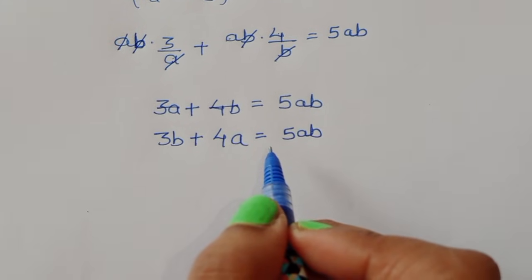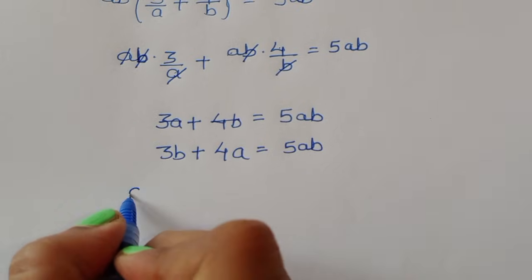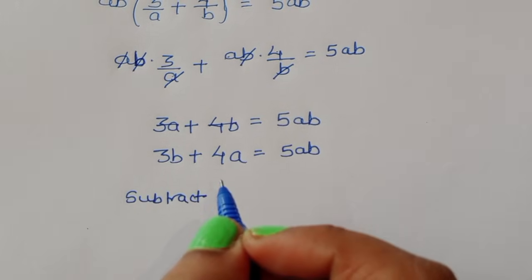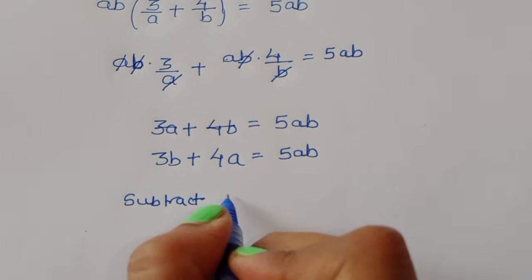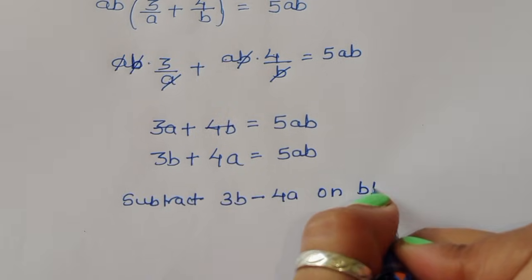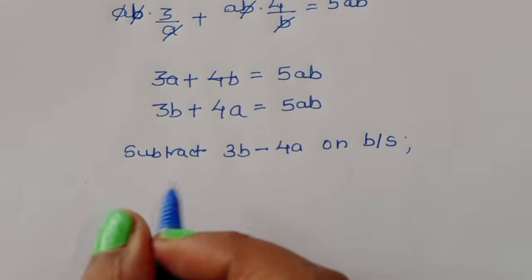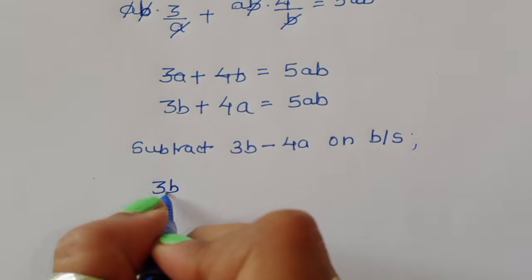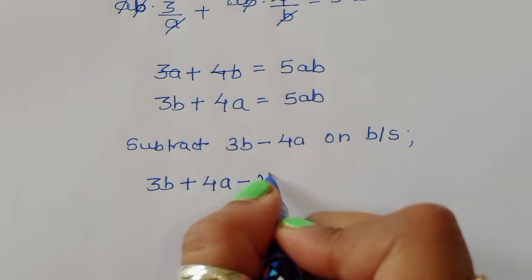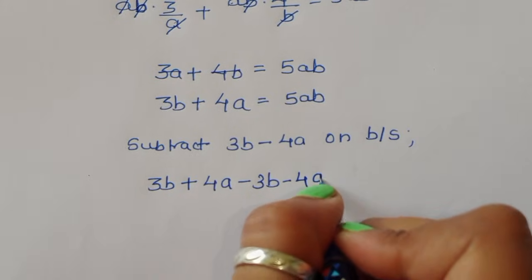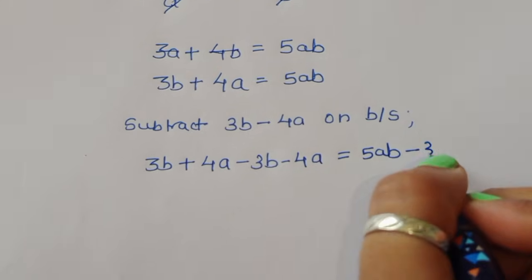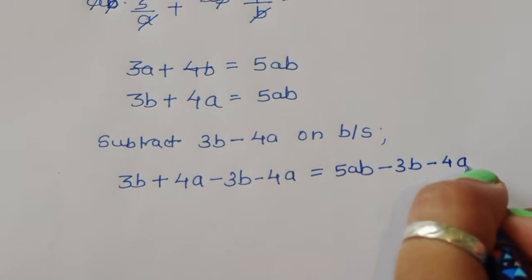Now we have to subtract 3b and 4a on both sides. Then we will get 3b plus 4a minus 3b minus 4a is equal to 5ab minus 3b minus 4a.